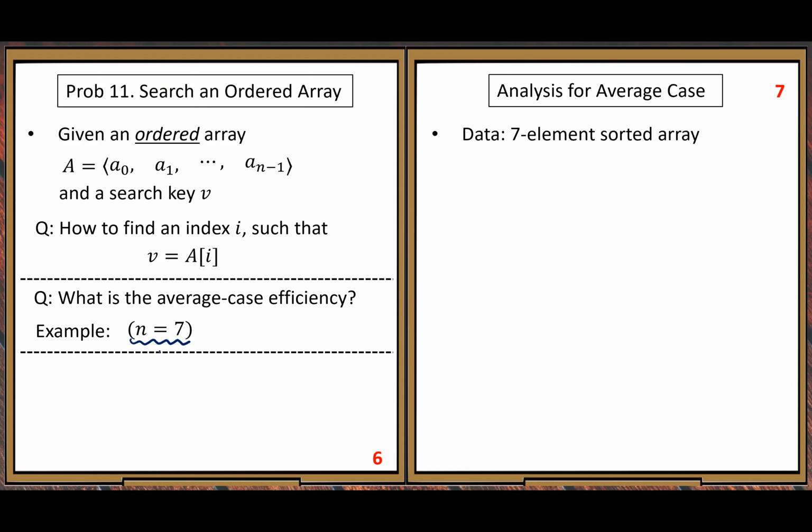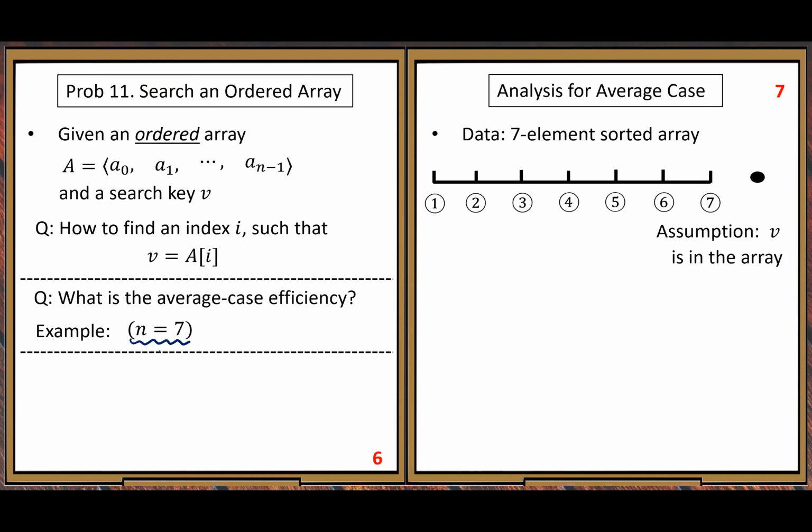To calculate that, we assume we have a 7-element sorted array. In order to calculate the average case, let us draw a diagram to represent the number of comparisons for each element in the array. Here we assume V is in the array.